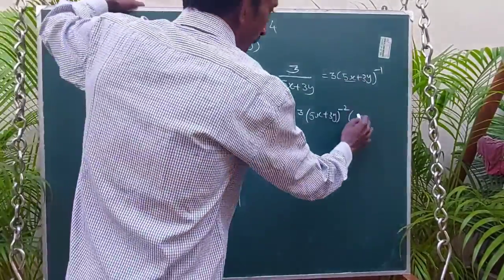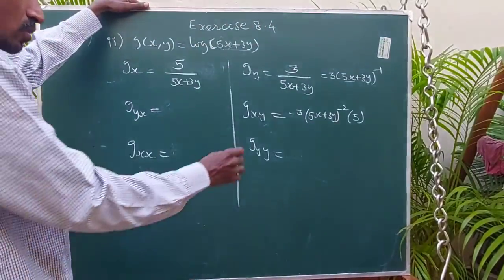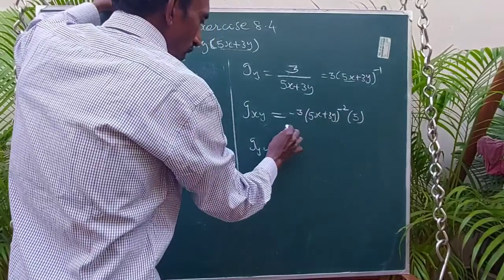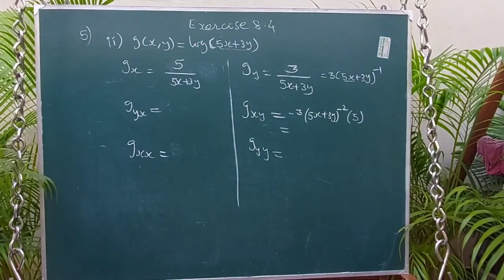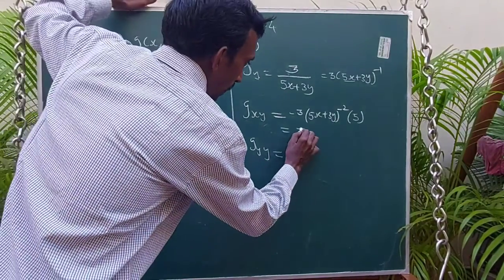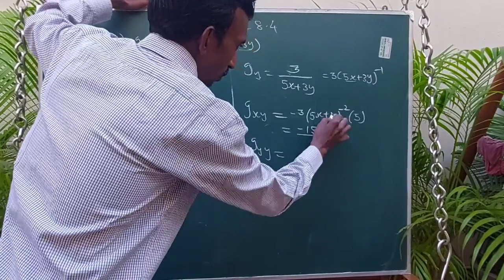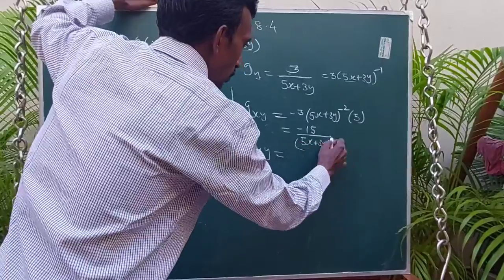So 5 plus 0. So now move the minus 3 into 5. So what we are getting? Minus 15 divided by, move this one to the denominator, 5x plus 3y the whole square.